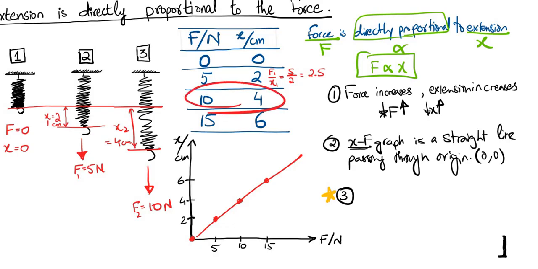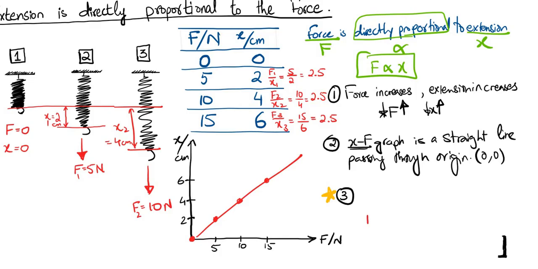Alright, what happens अगर मैं अगली दो वैल्यूज को डिवाइड करूं, f2 divided by x2 will give me 10 divided by 4, that is also equal to 2.5. The next pair of values, f3 divided by x3, 15 upon 6, that is also equal to 2.5.